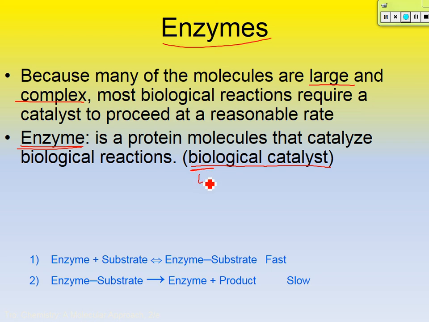Bio meaning life. So if you have a catalyst that's involved in a living organism, that's called an enzyme. If it's not in a living organism, we call it a catalyst. But they do the same thing. They make reactions occur faster.